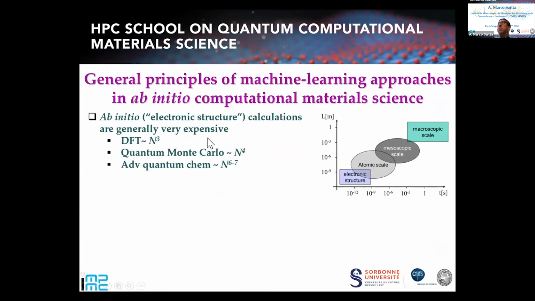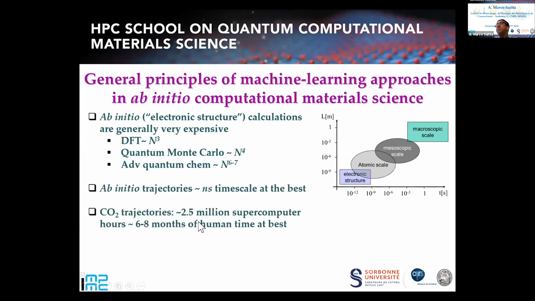Also, not only are ab initio calculations very costly, but they also scale poorly with the number of particles in the system. DFT is about third order, Quantum Monte Carlo is about fourth power, and if you do more advanced approaches, the scaling is even worse. So we have nanosecond trajectories at best, and we'd like to go further than that.